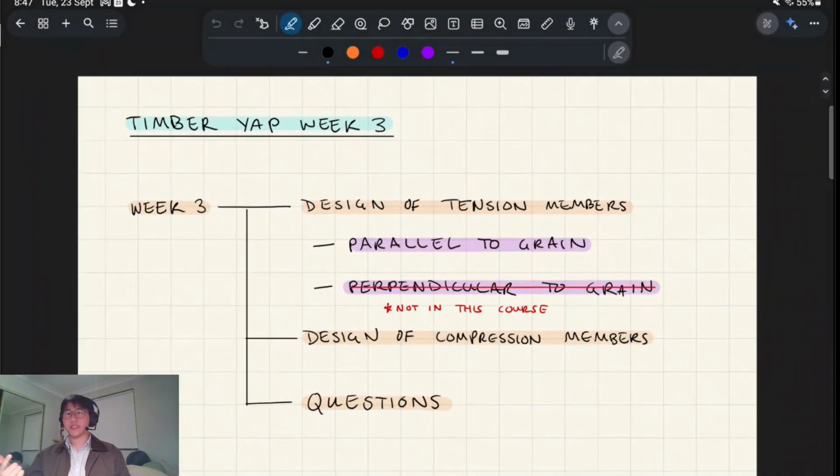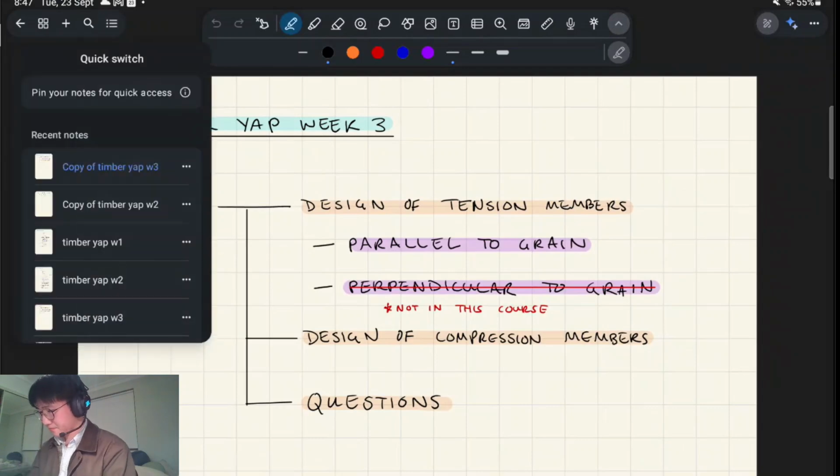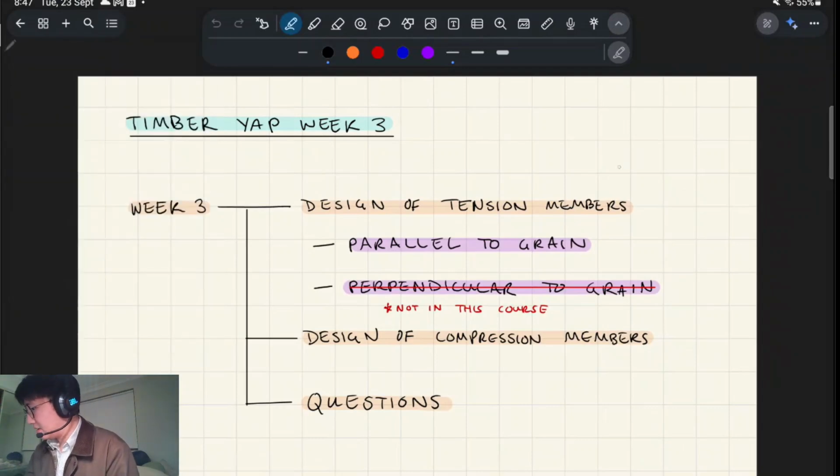design of compression members. Now, one of the reasons why this isn't complete, in my opinion, is I realized that I haven't included tension and bending formulas, so there's combined actions going on. Sorry, yeah, there can be combined tension and bending actions going on.